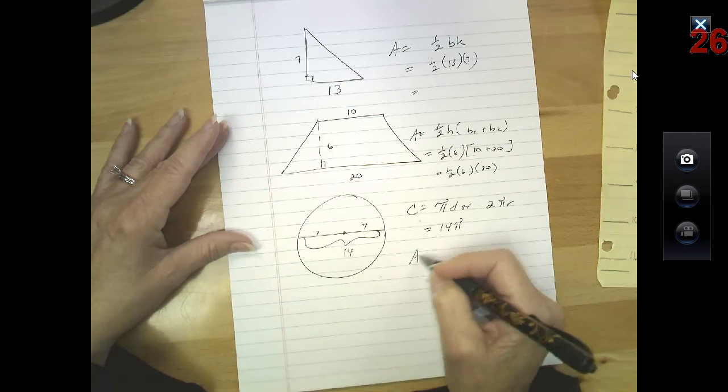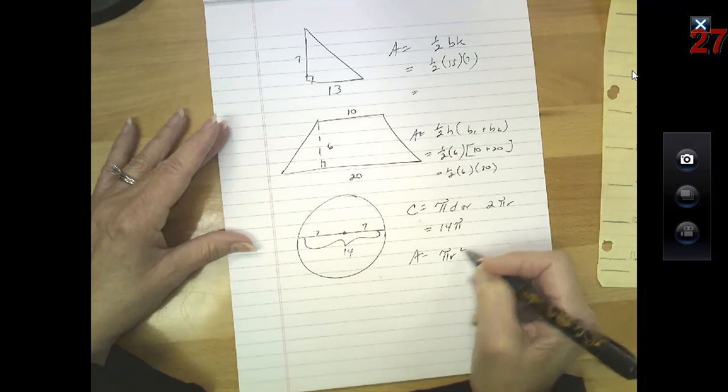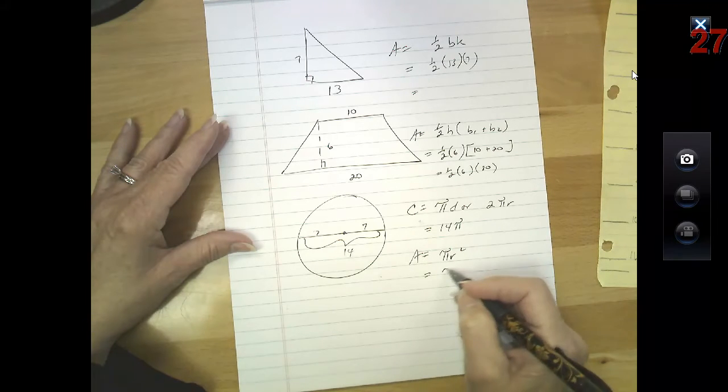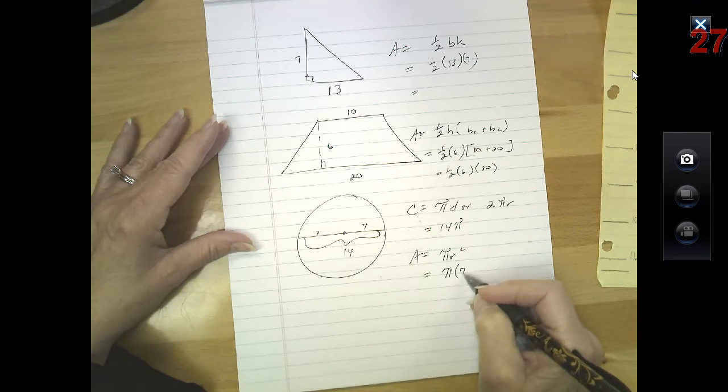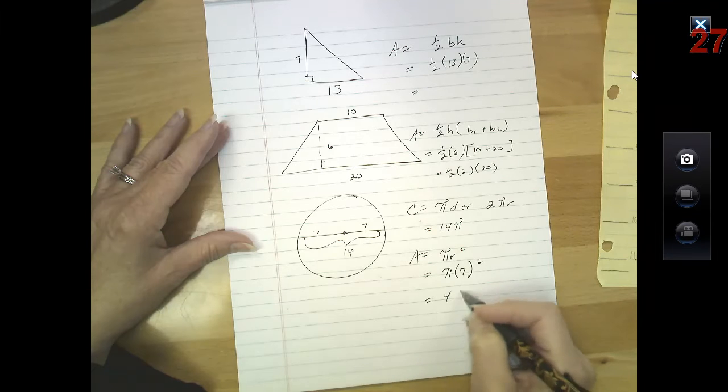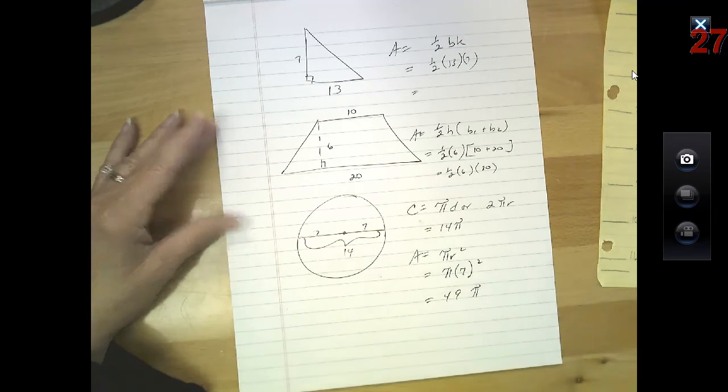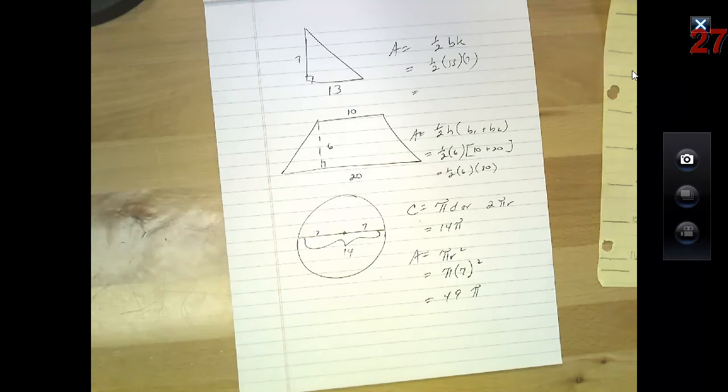The area is pi r squared, so pi times the radius 7 squared, or 49 pi. These are a little bit simpler than the ones that are in the book, so you may want to do them first.